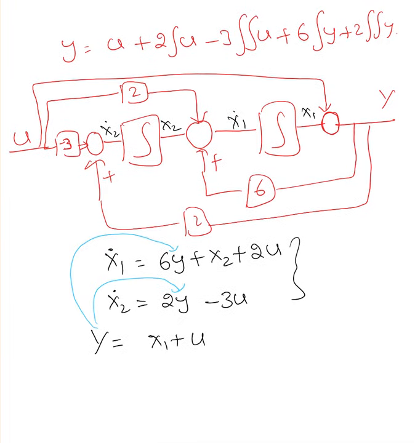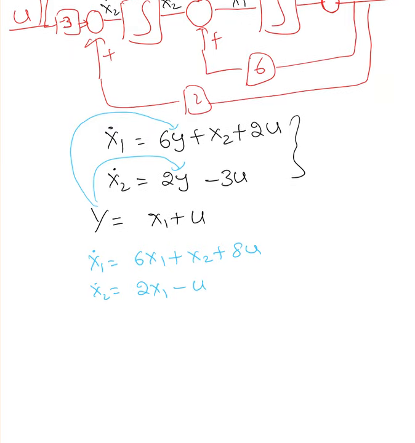So x1 dot equal to 6x1 plus x2, 6u plus 2u, which is 8u, and x2 dot equal to 2x1 plus 2u minus 3u, which is minus u.